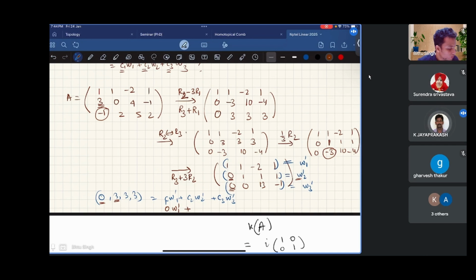If we take 3 times W2 dash, then this element will be 3, and everything is matching, right? 3 times W2 dash is the same as 3 times 0, 1, 1, 1, which is again 0, 3, 3, 3.